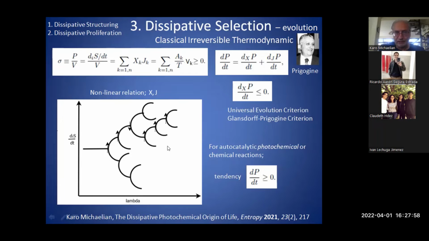Okay, but for our case, in the case of nonlinear systems, then we have to obey this, but it can be that this part, this dJP by dt, is greater than 0, and it's such that it overcomes this part, increases the production of entropy per unit time, and that appears to be what is happening in nature for these systems which are autocatalytic.